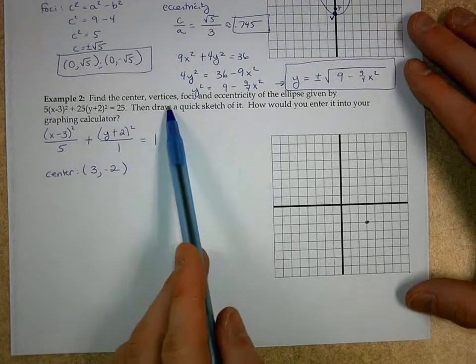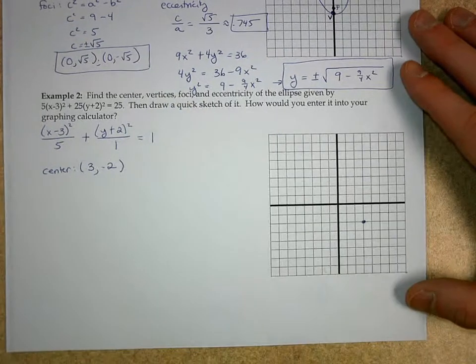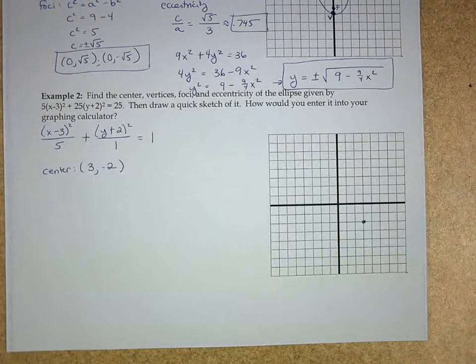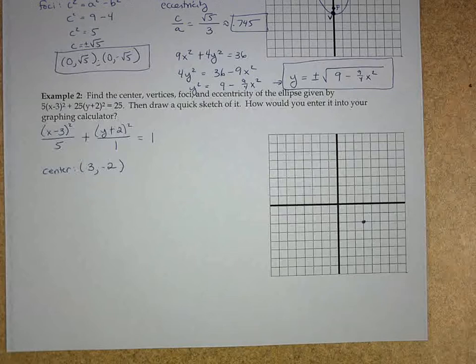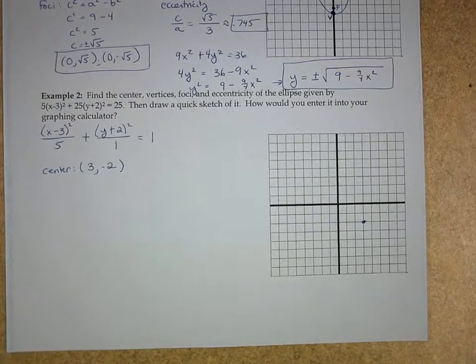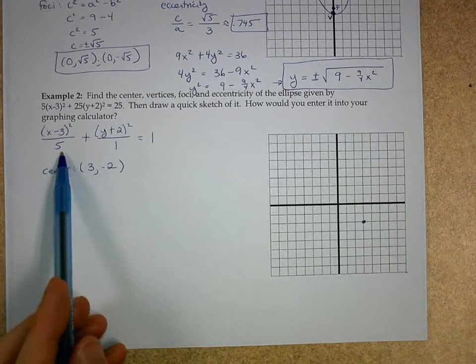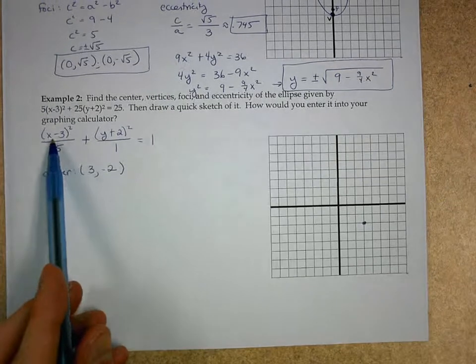Next thing I need to find are my vertices and my foci. We know my vertices come from the denominators of these different fractions. So first of all, when I look at this, is it going to be a horizontal ellipse or a vertical ellipse? And I can see my larger denominator is underneath the x portion.